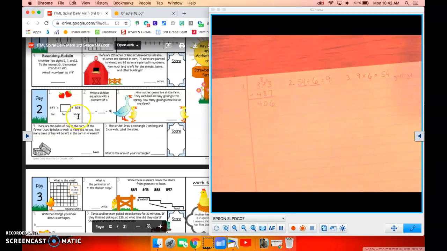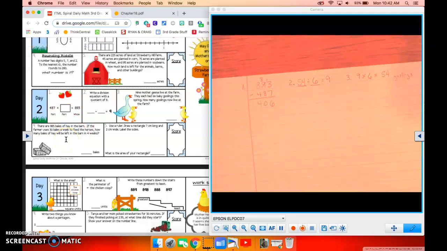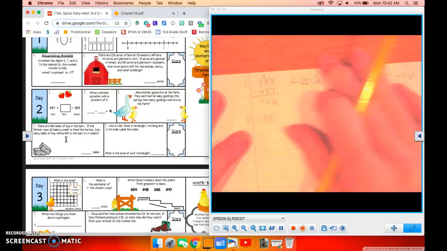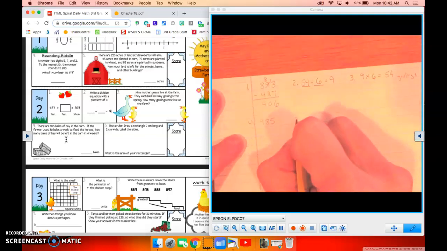All right. Number 4. There are 985 bales of hay in the barn. If the farmer uses 30 bales a week, ooh, that sounds like multiplication, 30 bales a week to feed the horses, how many bales of hay will be left in the barn in 4 weeks? We start at 985 bales of hay in the barn. But I'm going to keep that there for a moment. First, how many bales are we actually going to use?